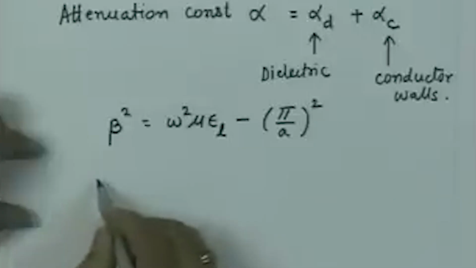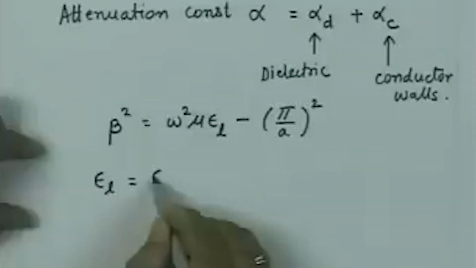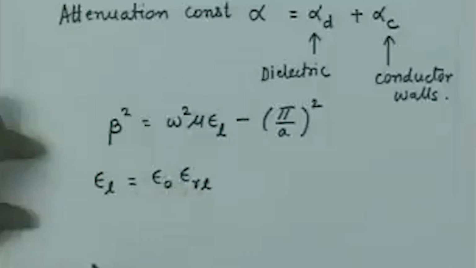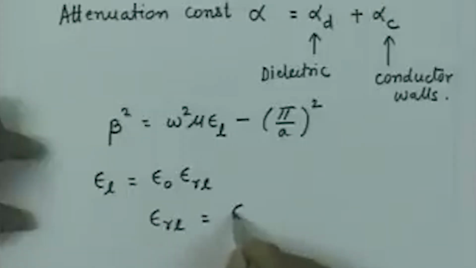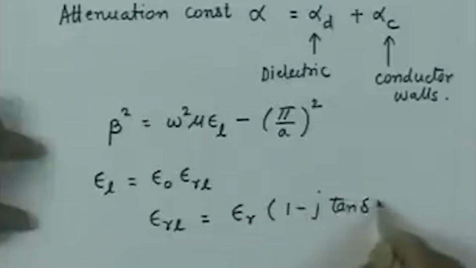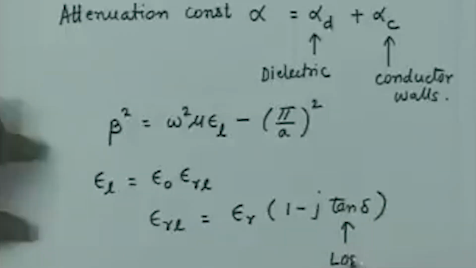that we can write as epsilon L will be equal to epsilon 0 into epsilon relative permittivity for lossy medium, where this relative permittivity for lossy medium, epsilon R L, as we have seen earlier, is epsilon R into 1 minus j tan of delta, where this is the quantity which we have defined earlier, what is called the loss tangent.